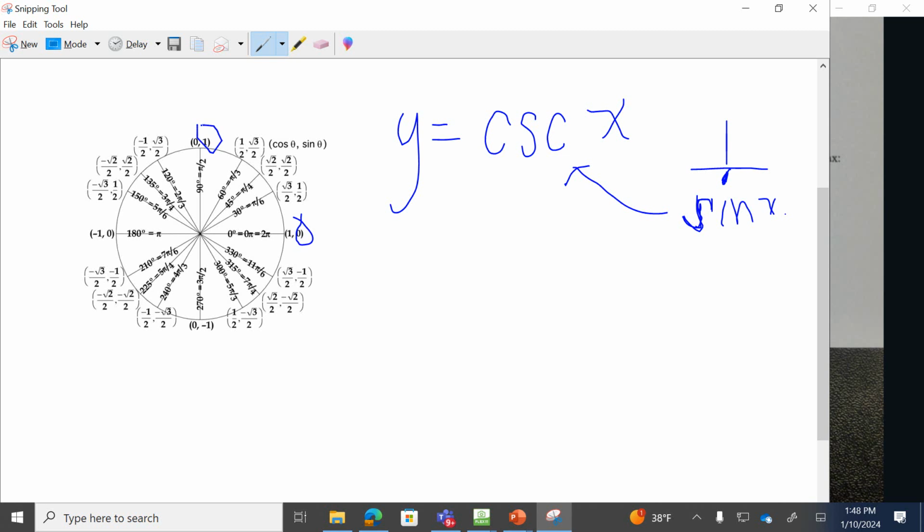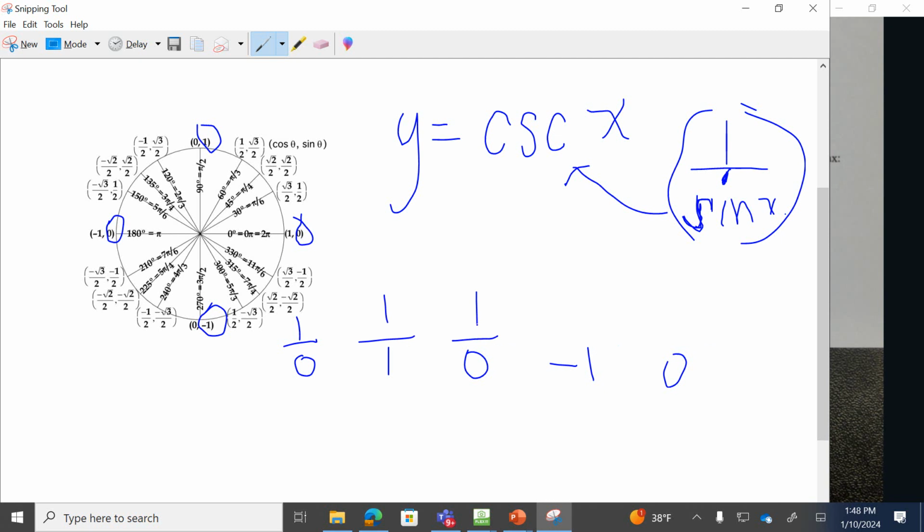So 0, 1, 0, negative 1, and then back to a 0. And remember, when we find the cosecant, we're taking the reciprocal of sine. That means I'm putting 1 over the output of those sine values. So this is undefined, this is 1, this is undefined, this is negative 1, and this is undefined again.